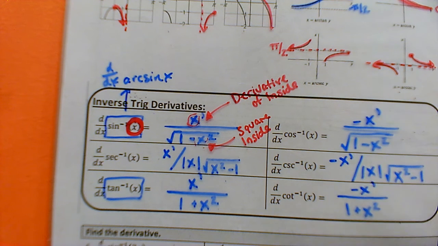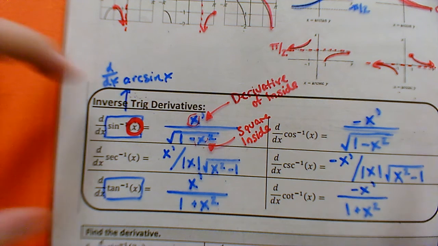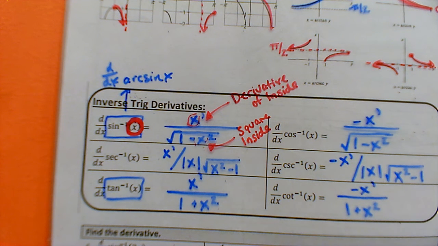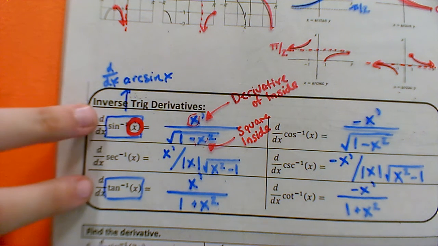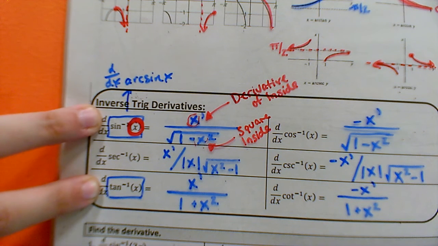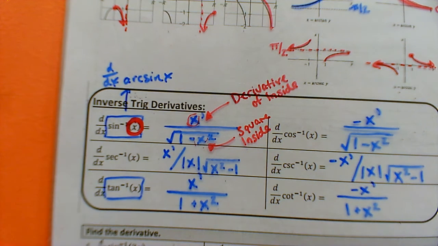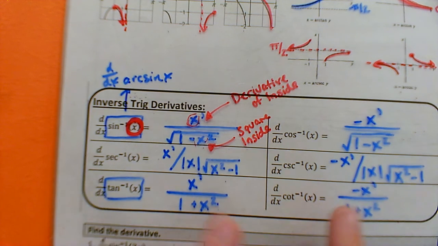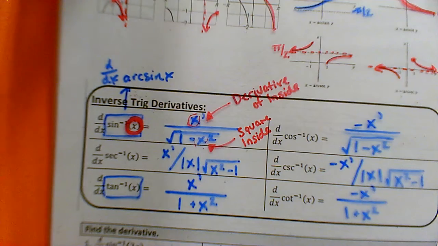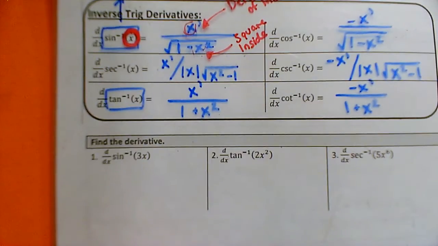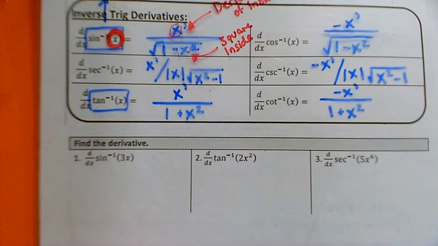Kind of helps you out. So if you need to reference this chart, that's fine. Hopefully you at least get familiar with these two, because those are the big ones that normally show up. But what we're going to do is just practice using these derivative shortcuts on the 3 examples at the bottom. I'll leave them up there so we can reference.